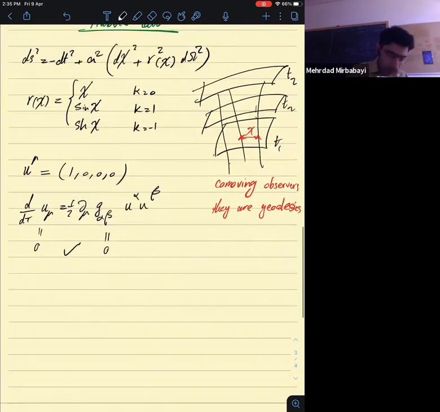Now let us compute, if let's imagine this chi is very small, the distance between them is very small, and let us evaluate the physical distance between them.